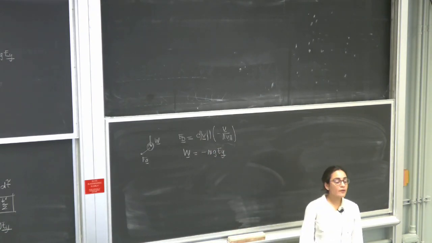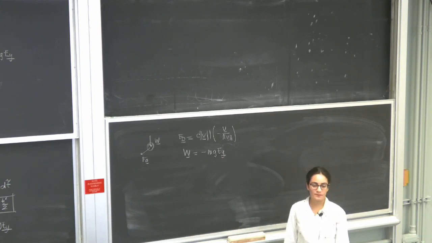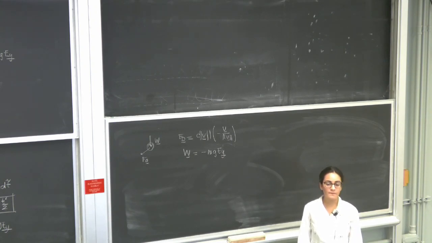Now if I want to solve for the motion of the particle, I'm going to get the equation of motion to be able to solve for the motion. What do I do?